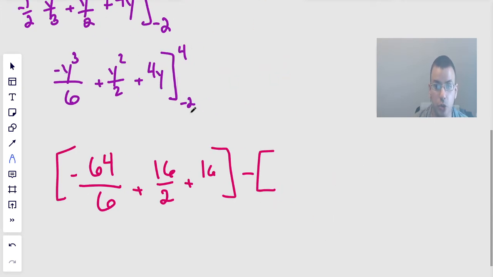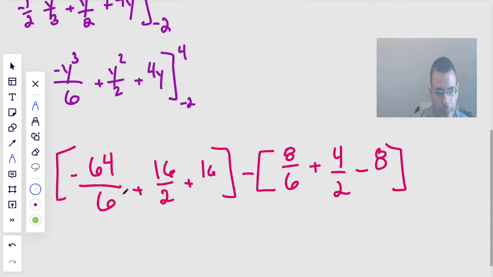So negative 2 cubed is negative 8, and negative negative 8 is 8, over 6, plus negative 2 squared, which is 4, over 2, minus 4 times negative 2, which is negative 8.